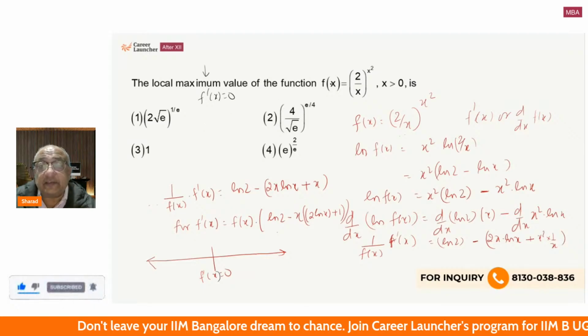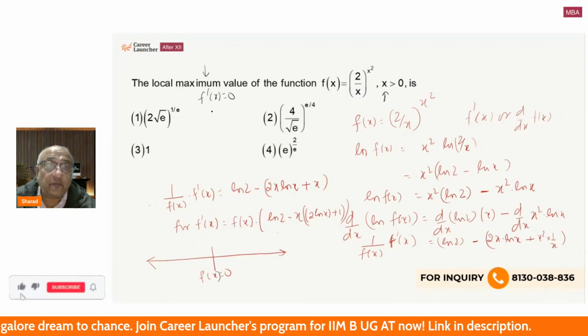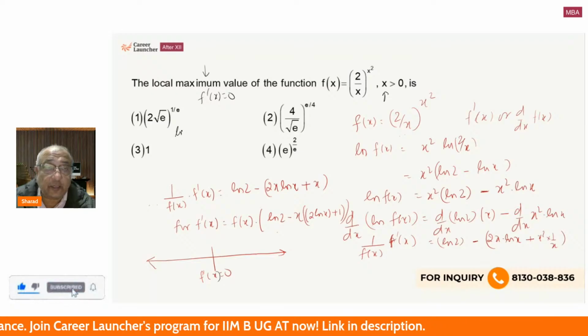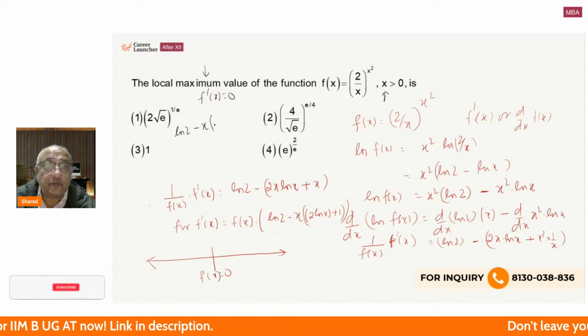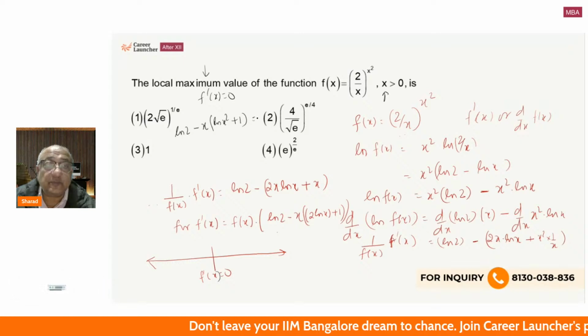So f dash x is equal to 0, because f(x) is never 0. Why? Because x is greater than 0, the expression is always positive. So for f dash x is equal to 0, you will get ln 2 minus x into 2 log x, which can be written as log x square plus 1. This must be equal to 0.